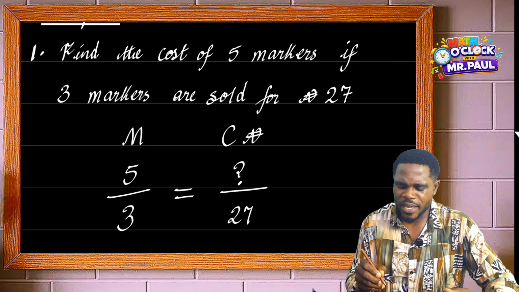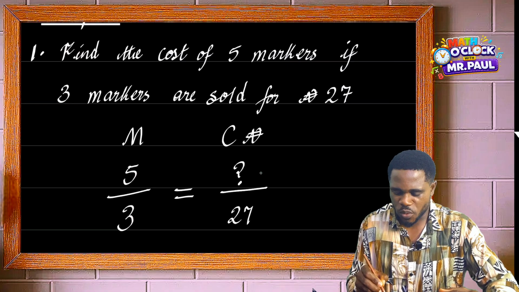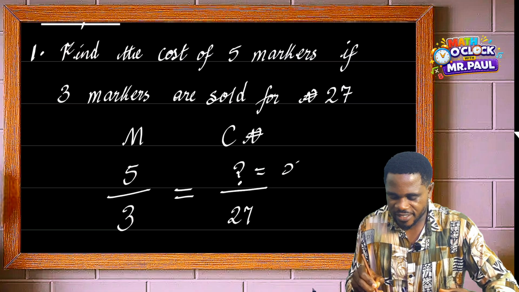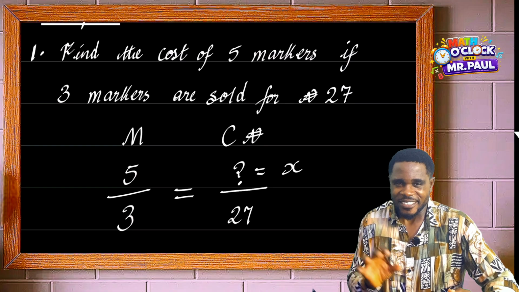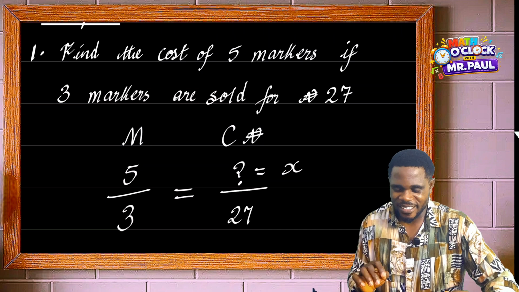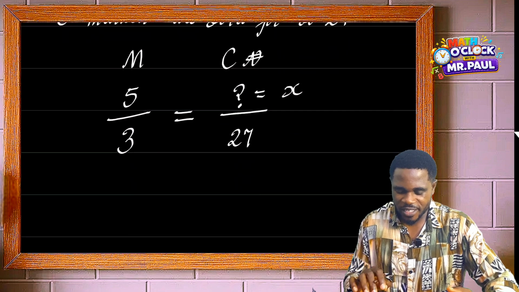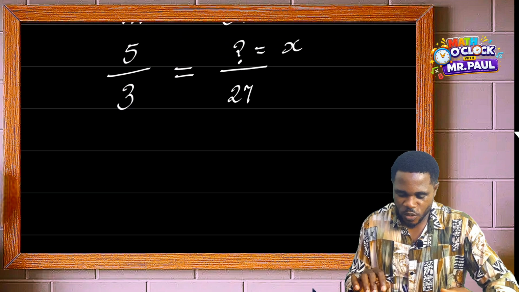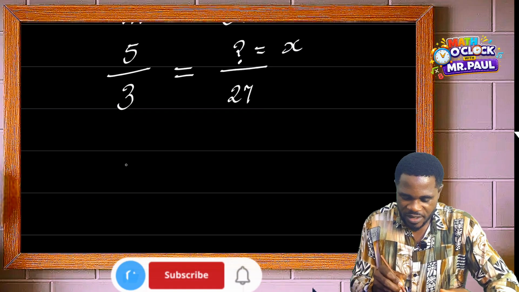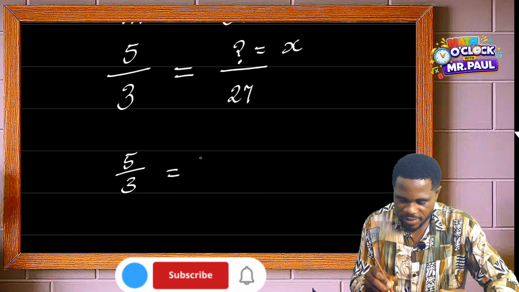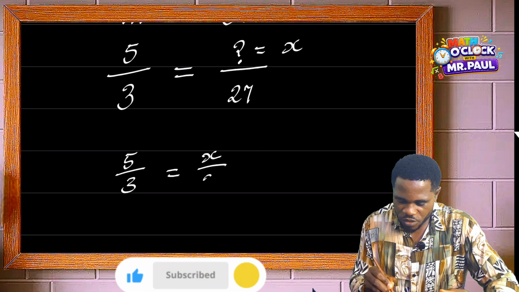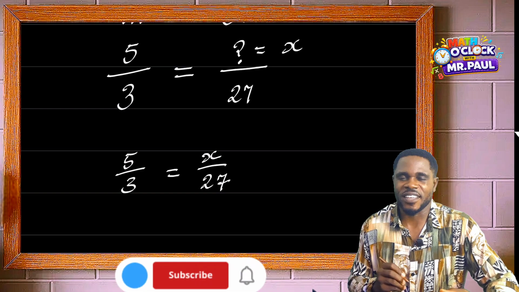So we can, if we like, change this question mark to X, to make it look a bit more like an algebraic expression. So in that case, this is going to be 5 over 3 is equal to X over 27.